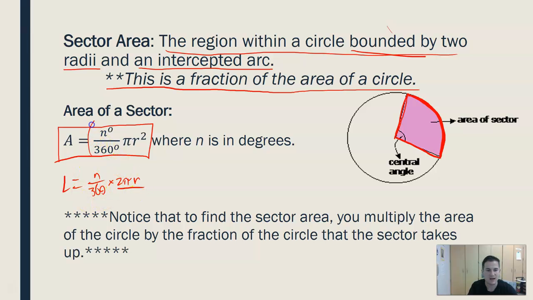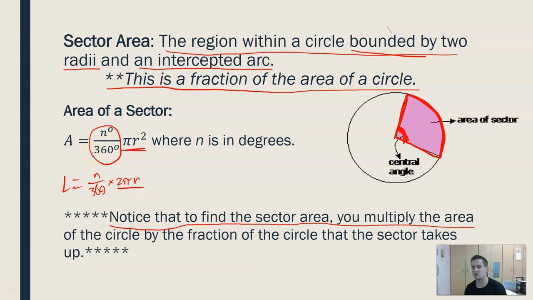The sector area is the fraction of the circle multiplied by the area of the circle. To find the sector area, you multiply the area of the circle by the fraction of the circle that the sector takes up. That fraction is found by taking the angle between those two radii divided by the total angles within the circle, which is 360 degrees. So again, the sector area is just a fraction of the total area.